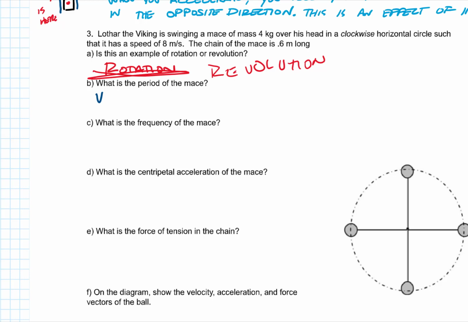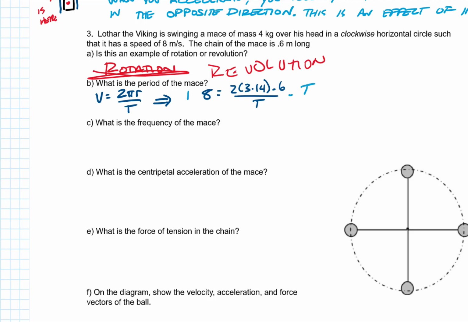To get the period of the mace, we're going to take the velocity, which is 2 pi r over the period. We're going to plug in our numbers. So 8 meters per second equals 2 times 3.14 times our radius of 0.6 divided by the period.